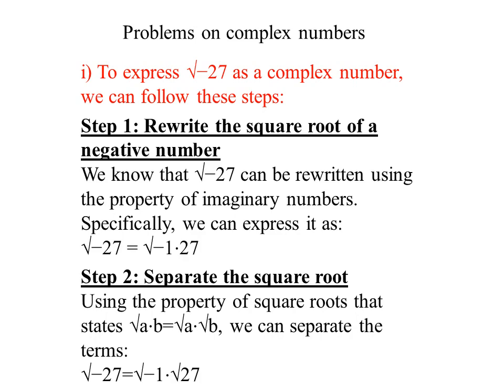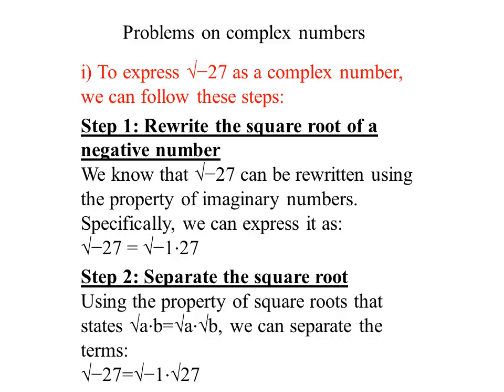We know that root of minus 27 can be written using the property of imaginary numbers. Specifically, we can express it as root of minus 27 is equal to root of minus 1 into 27. In step 2, we separate the square root.